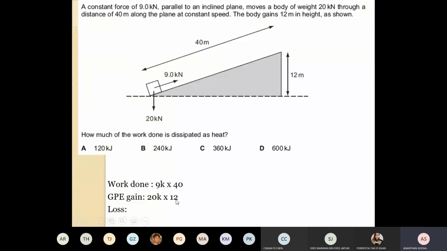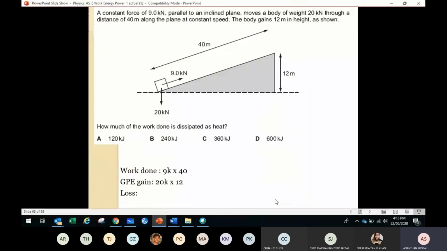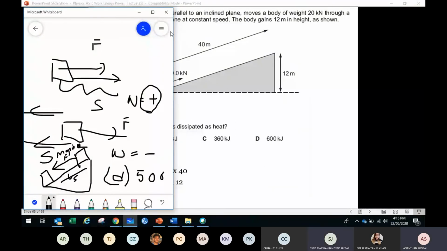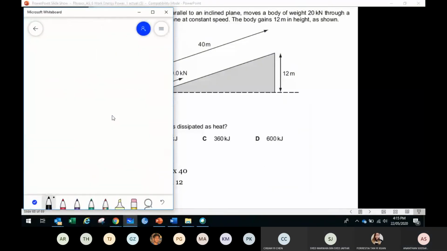mgh. Okay. So now we are finding the loss. That means work done by the thrust equals EP gain as usual, EK gain and heat. So in this question, they're asking for the heat.